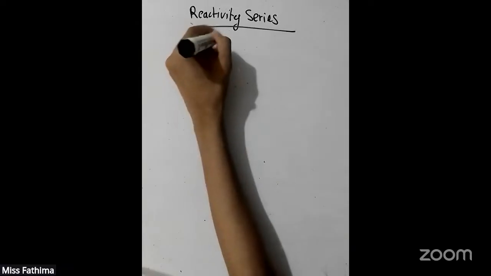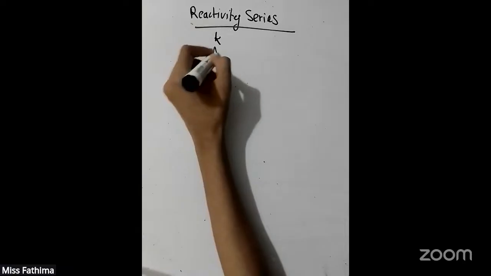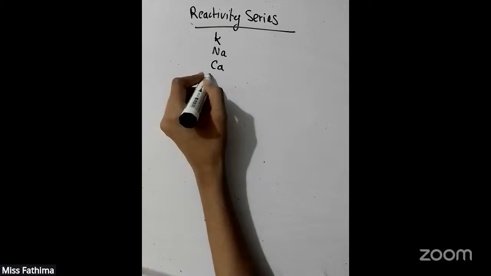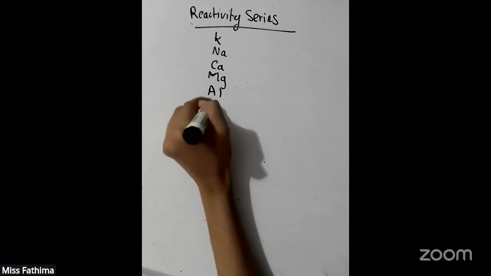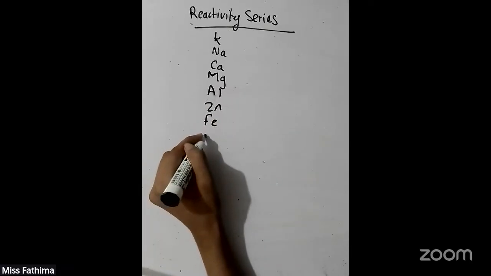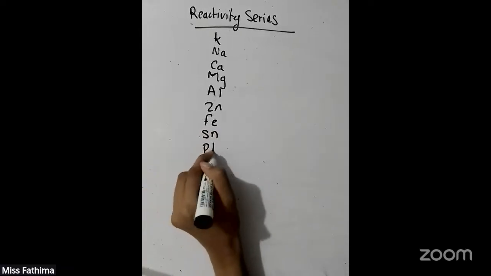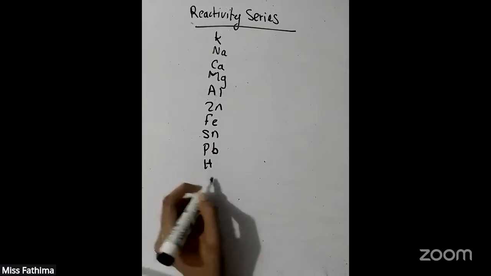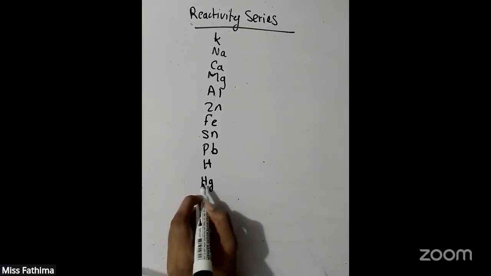You start with potassium. Then sodium, calcium, magnesium, aluminium, zinc, iron, tin, lead, hydrogen, mercury, copper, platinum, and gold. Silver. Where is silver?